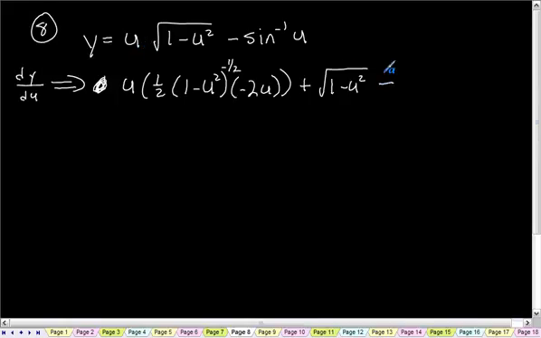Now we take the derivative of inverse sine of u. The derivative of inverse sine is 1 over the radical of 1 minus u squared. That's the derivative of that.